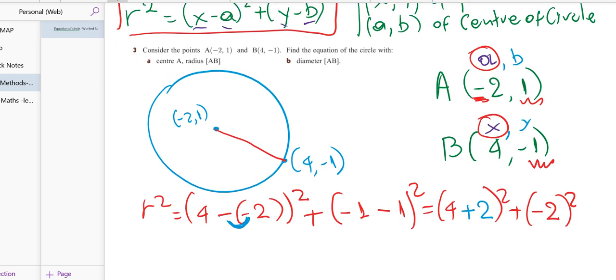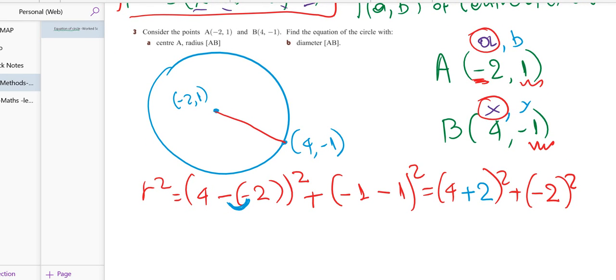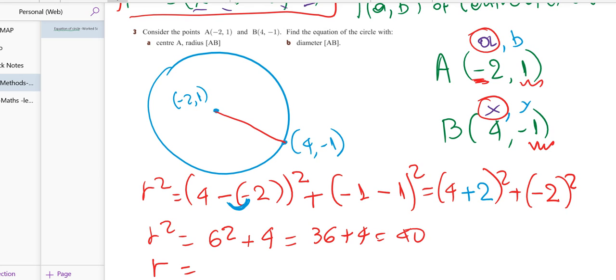Let's continue. r squared equals 6 squared plus -2 squared, which is 36 plus 4. Therefore, r equals the square root of 40.